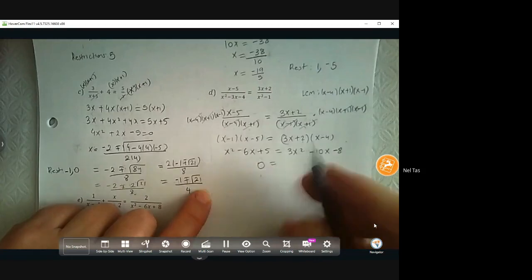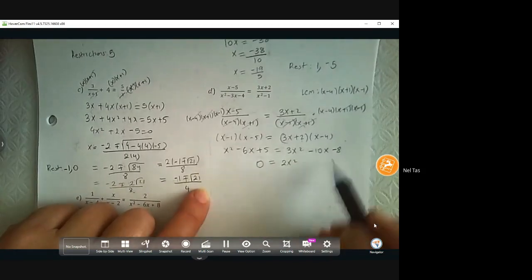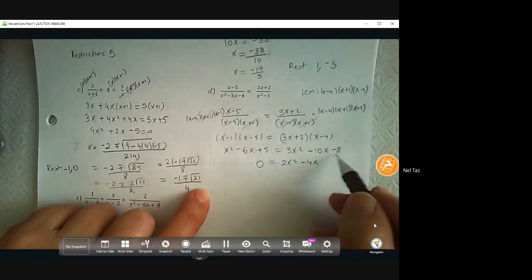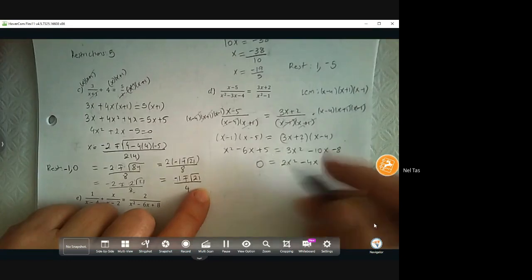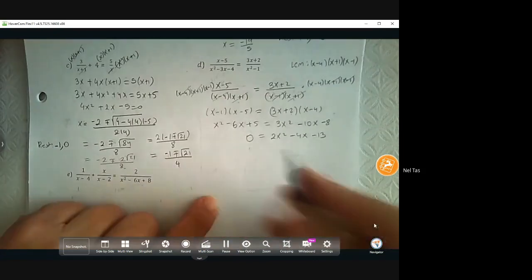So 3x squared minus x squared gives you 2x squared. Negative 10x plus 6x gives you negative 4x. Negative 8 minus 5 gives you negative 13. Then you try to factor this, but this is not factorable. Therefore, again, we are going to use the quadratic formula.